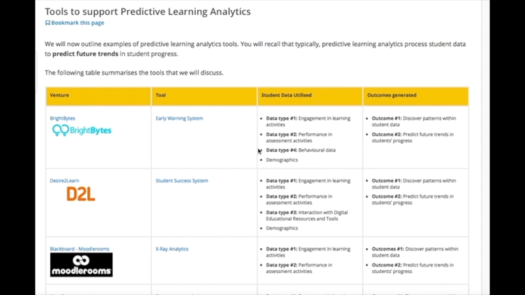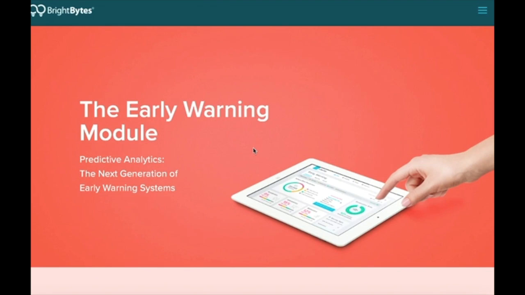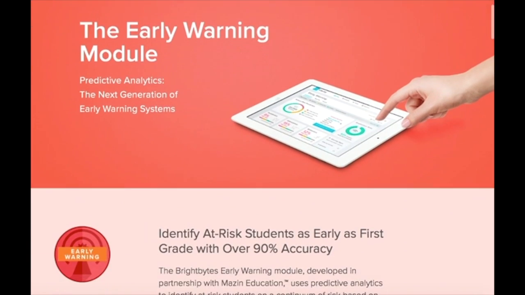It's called Bright Bytes. It basically serves as an early warning system. Bright Bytes gives information related to early warning in the school, the district, and the state.